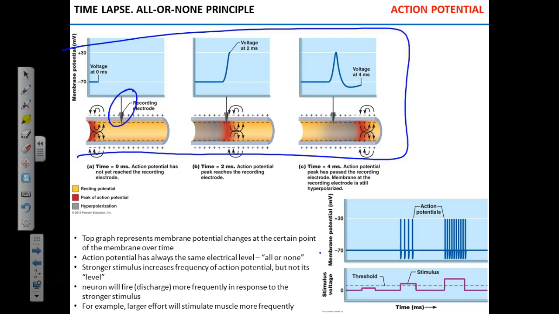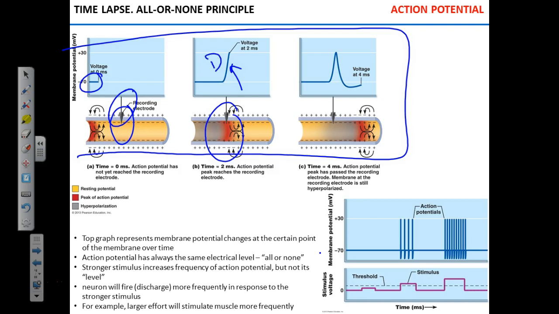Then you can measure the change of the membrane potential using a voltmeter. Pretty simple device. Before the signal arrives, the membrane potential measured by this electrode is resting. Once that wave of depolarization comes through, you can see the membrane potential becoming less negative. That's depolarization.